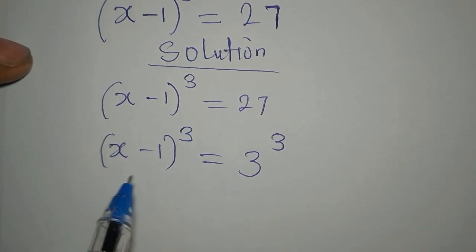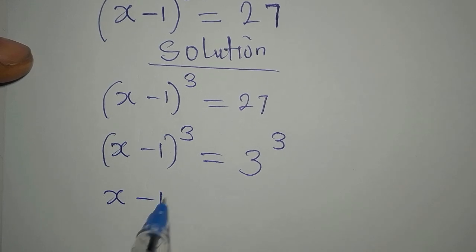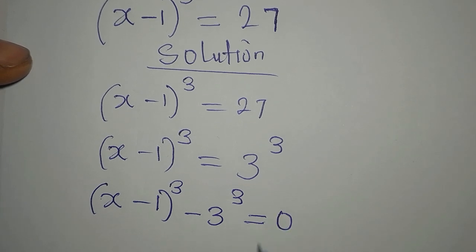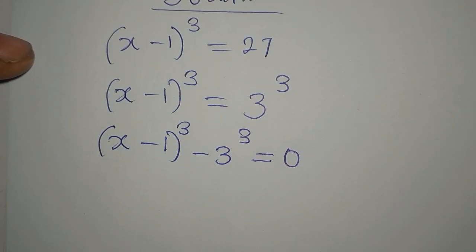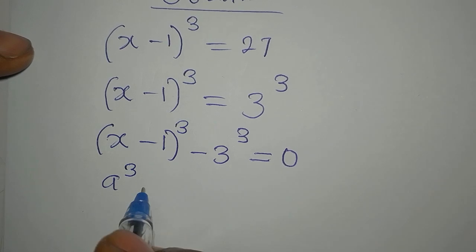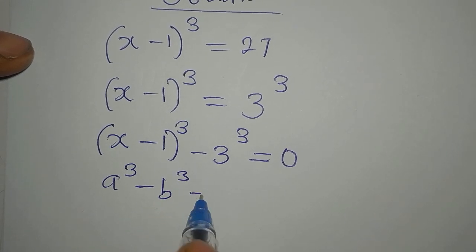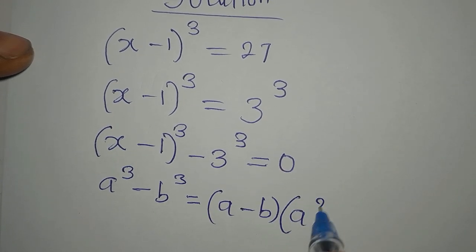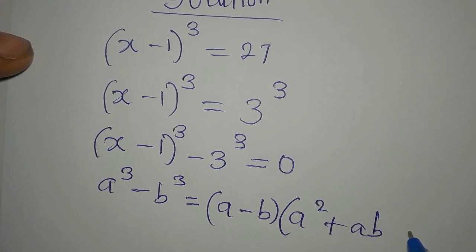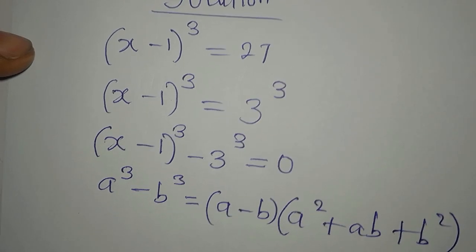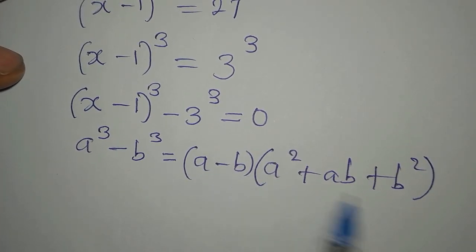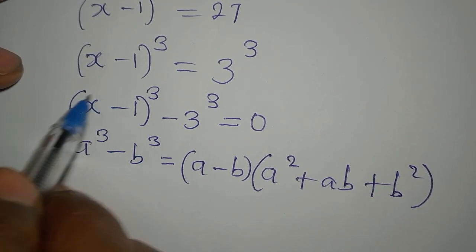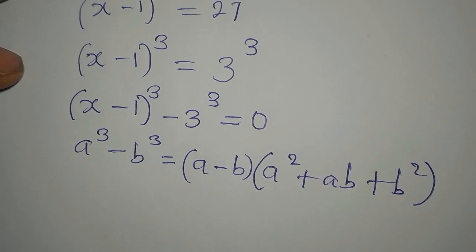So let's bring this to the left so that (x − 1)^3 − 3^3 = 0. And by the way, do you know that a^3 − b^3 is the same thing as (a − b)(a^2 + ab + b^2)?